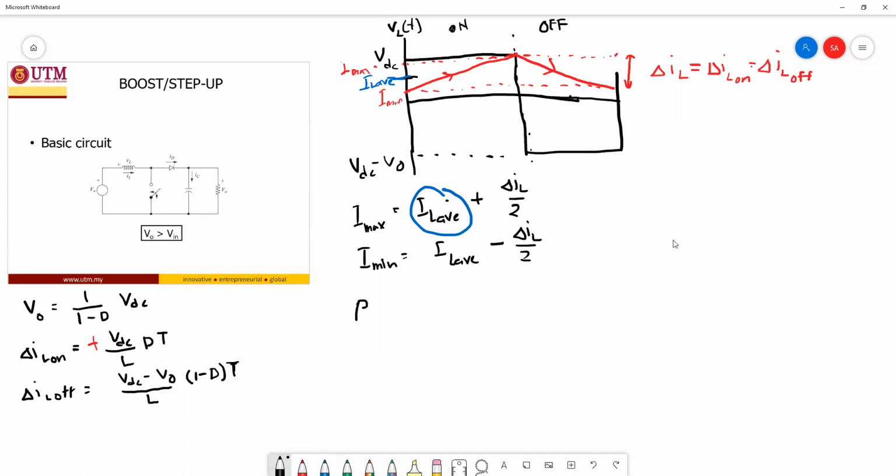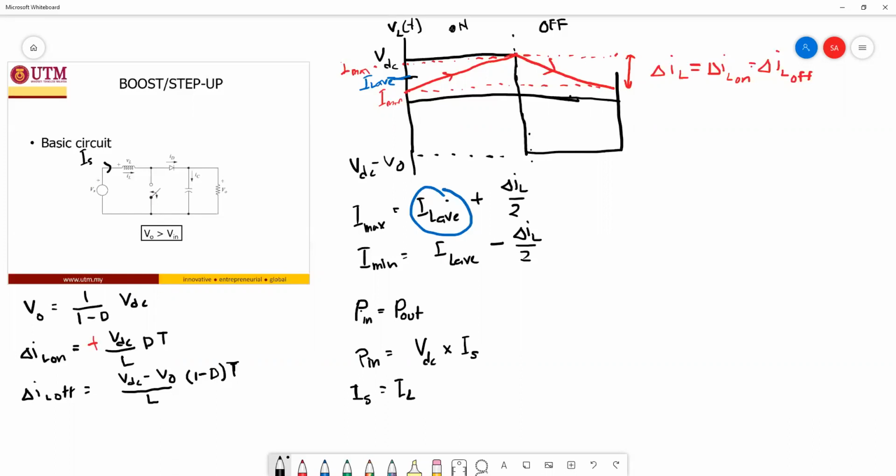There is this relationship, which is P in is equal to P out. P in is actually P supply, which is VDC multiplied with I source. As you can see, I source here is similar to IL, so we can say that IS is IL.